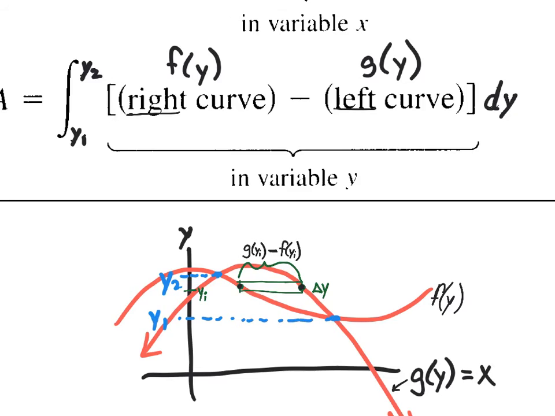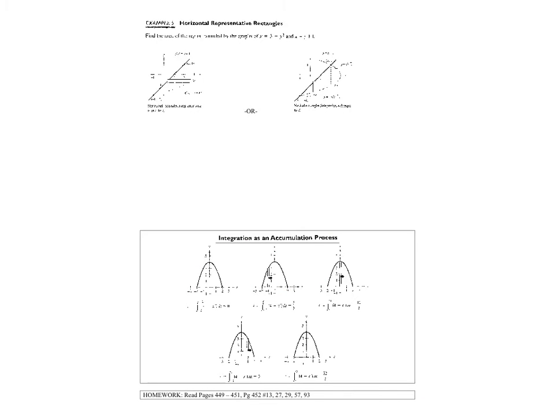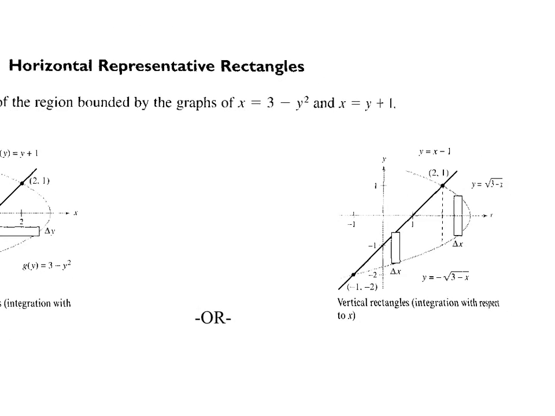Let's look at that a little bit more closely, with an example that's not just theoretical, but actually has some equations. So let's say that we have the region bounded by the graphs of x equals 3 minus y squared and x equals y plus 1.